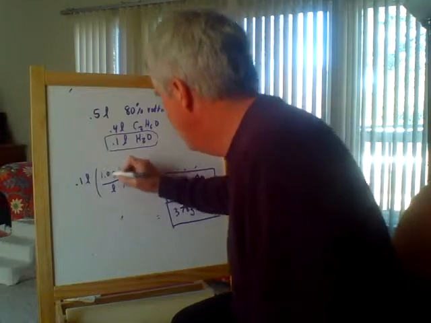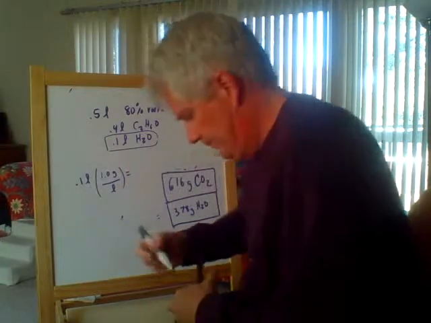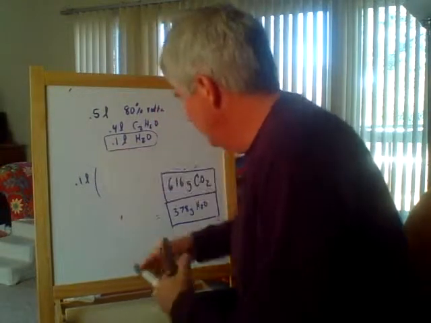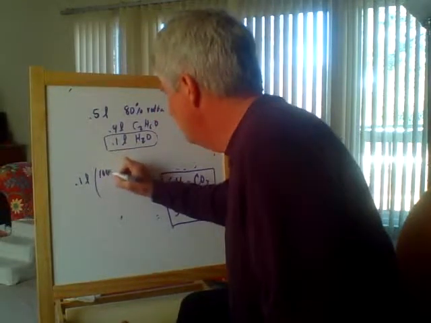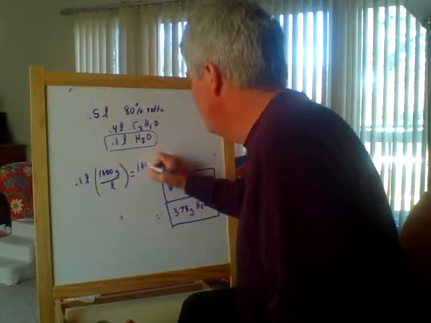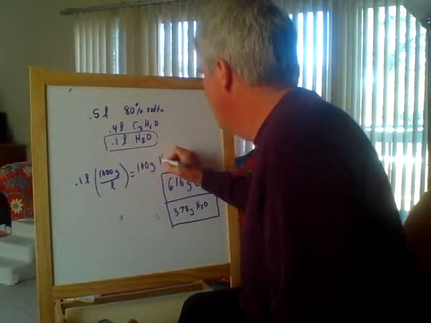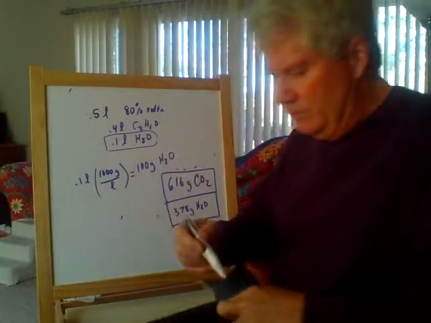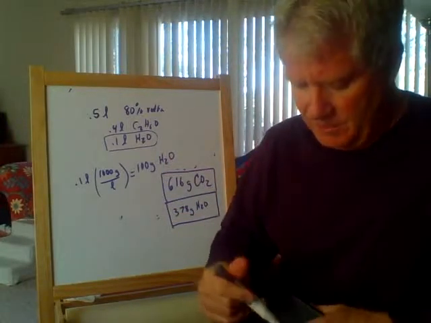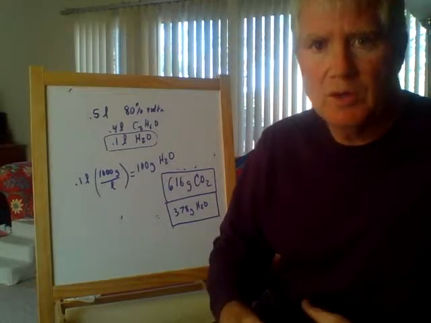I'm wrong about that, 1,000 grams per liter is what I should have said. Multiply this out, and you end up with 100 grams of water that was essentially contained in the original amount of vodka that we started to burn.